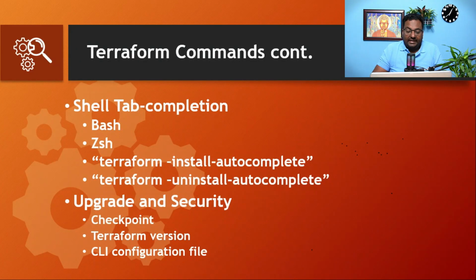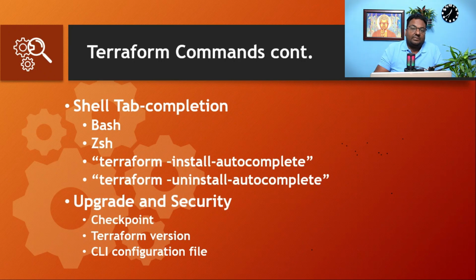So friends, here you can see shell tab completion, right? So what is this shell tab completion? Terraform offers tab support for all command names and some command arguments for bash and zsh, meaning Z shell, in order to use autocomplete, my friend.